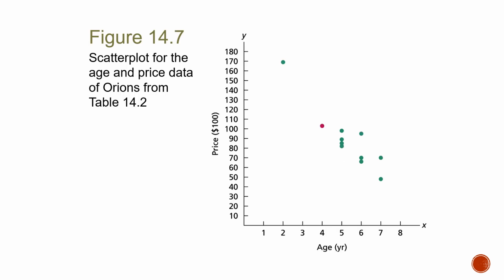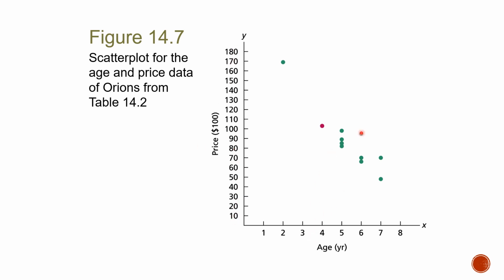Now as you can see here, this is the scatter plot for the example we just looked at. Along the horizontal axis are the different values for the age, starting from 1 to 8. And along the vertical axis, the y values, we've shown the price in hundreds, broken up in intervals of 10, all the way to 180.